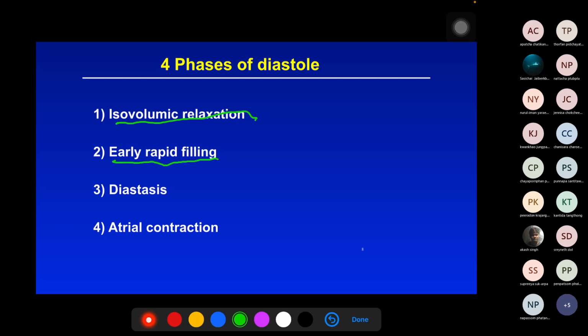Most of the blood flows from the LA to LV in this phase. After the pressure is equal between LA and LV, it starts the diastasis. This phase is just a little flow. And then the last blood is pushed by the atrial kick, or atrial contraction, in the fourth phase. After atrial contraction is completed, it is the end of the diastole.